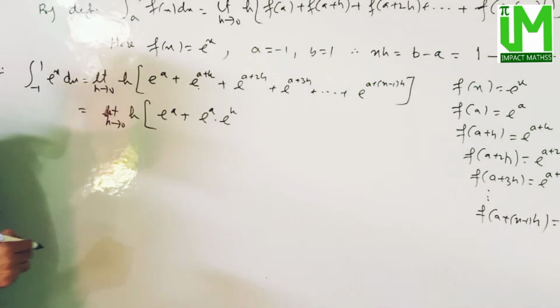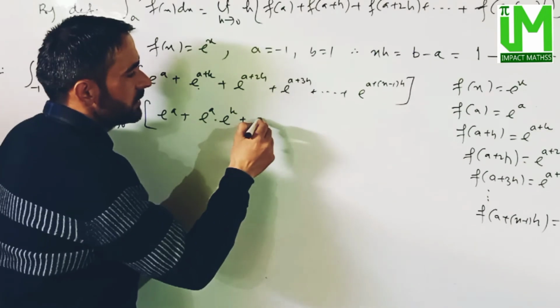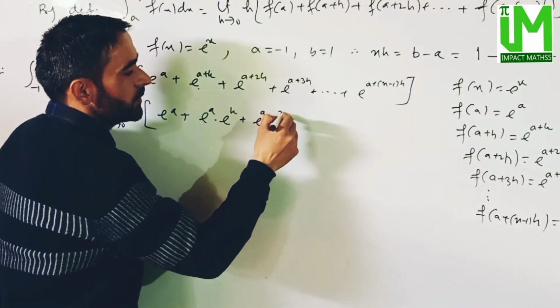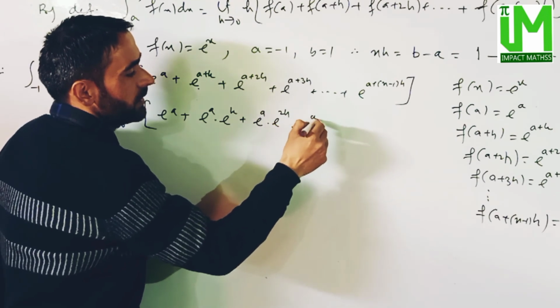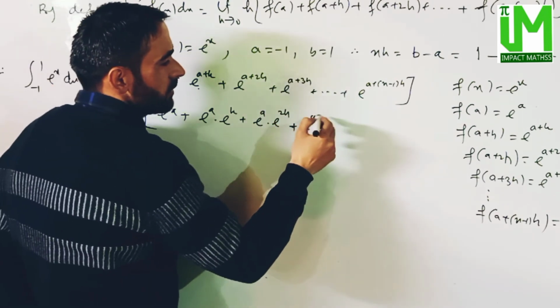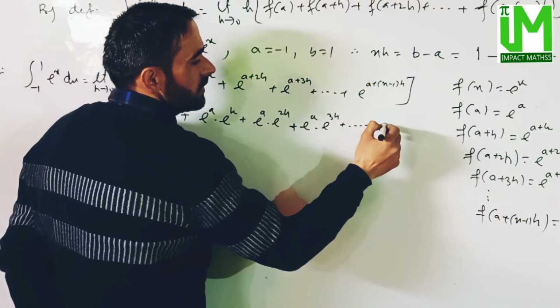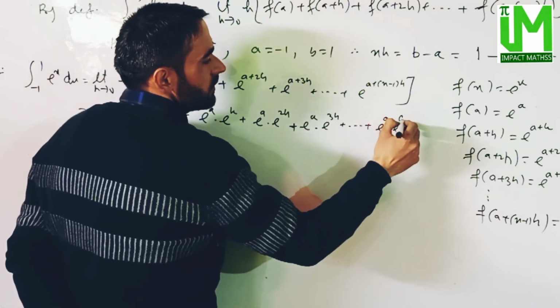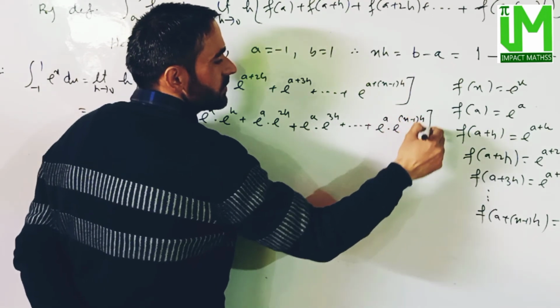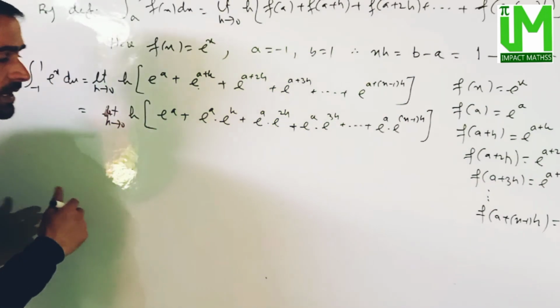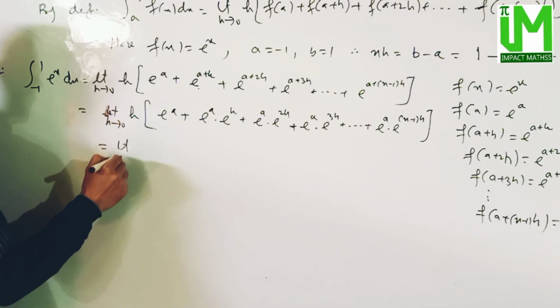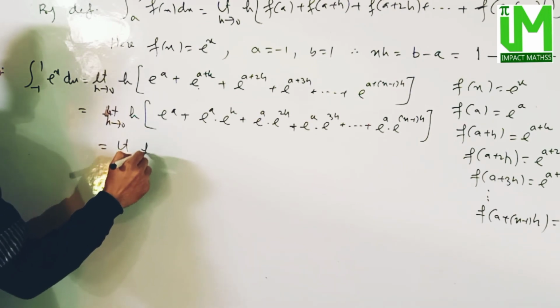Bases are same, powers add, plus e raised to power a into e raised to power 2h, plus e raised to power a into e raised to power 3h, plus up to e raised to power a into e raised to power n minus 1 into h. ठीक है. Bases are same, powers add. So this will be now limit h tends to 0.